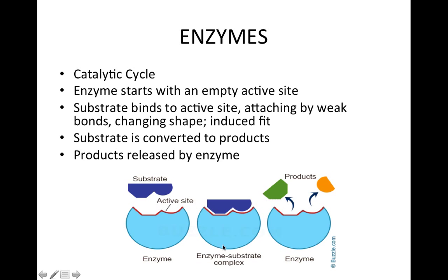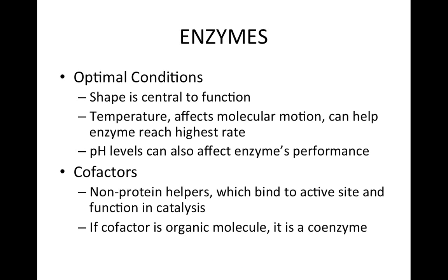This causes the enzyme to go through a conformational change, tightening up and bringing your reactants closer together, forcing them to react. Then the enzyme goes through another conformational change, and your new products are released. So that's a basic overview of the enzyme.